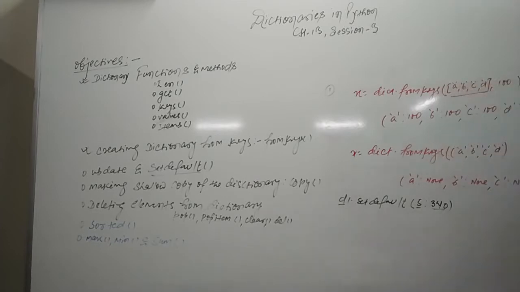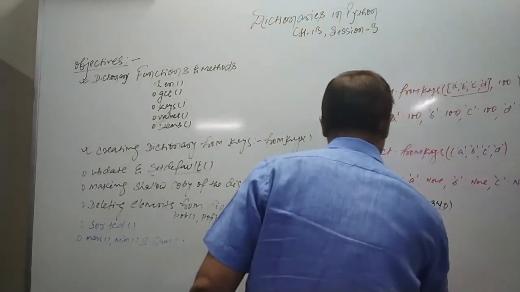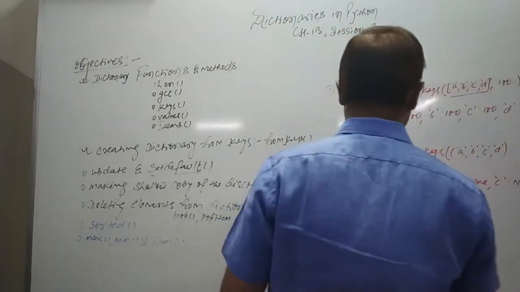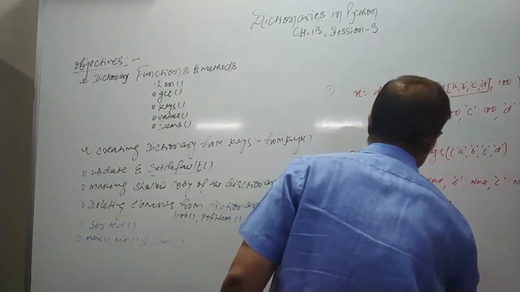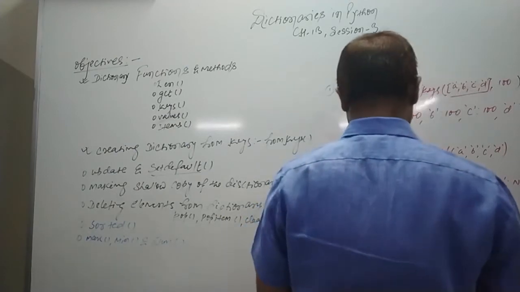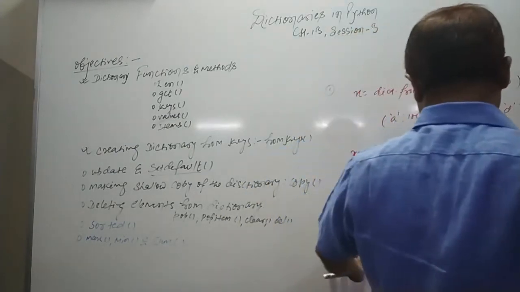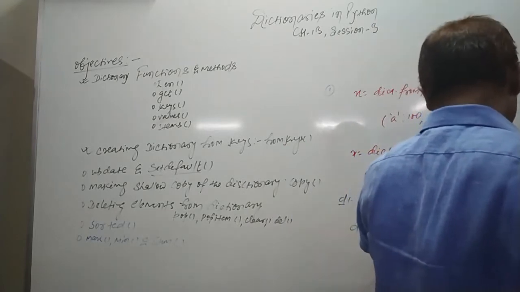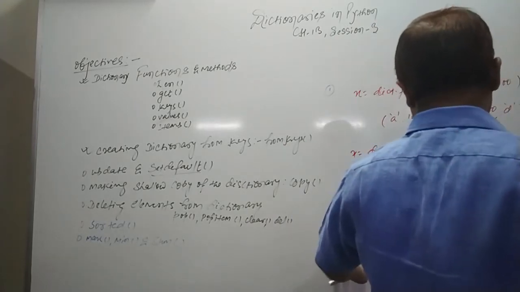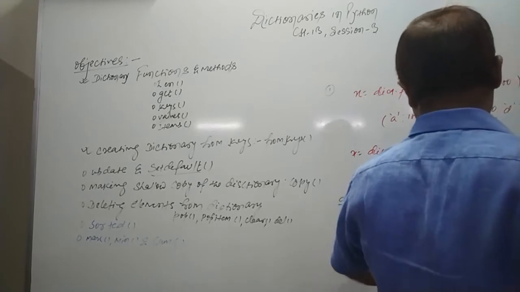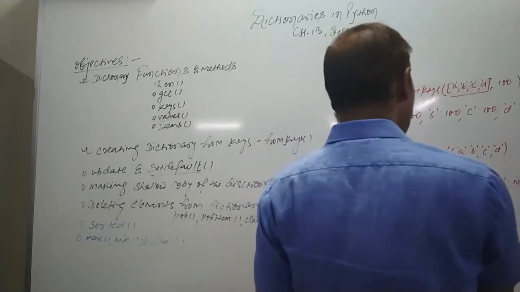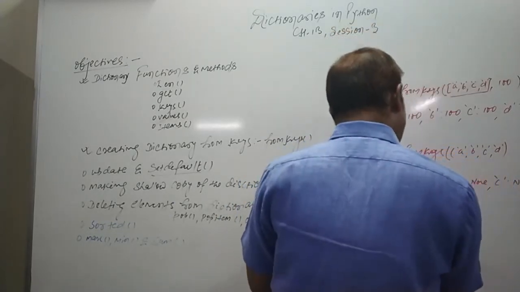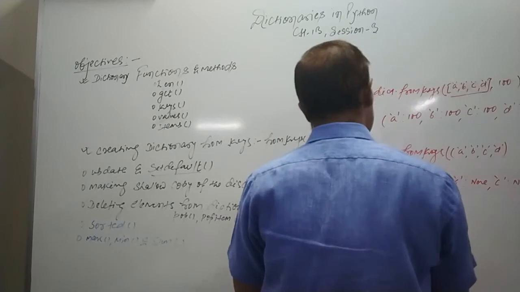So if you want to update a dictionary with another dictionary, you can use d1.update, a method which takes another dictionary as a parameter. So d1 will be updated with d2. If a key of d1 is also in d2, it will overwrite it, mind it. Otherwise it will add the values of d2 into d1.